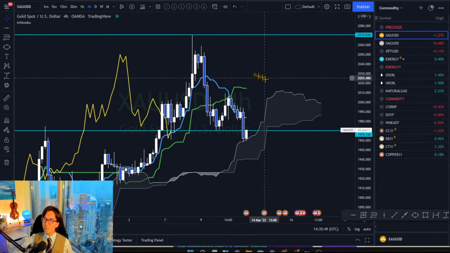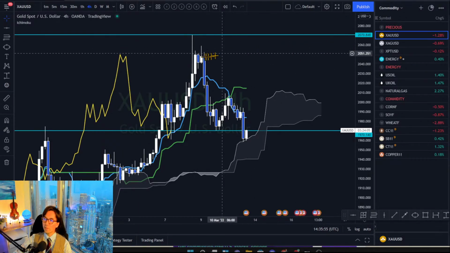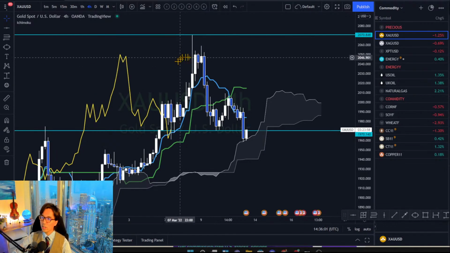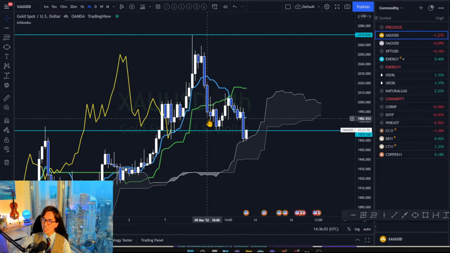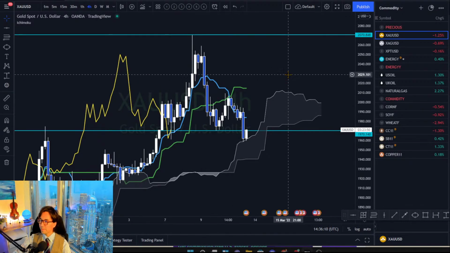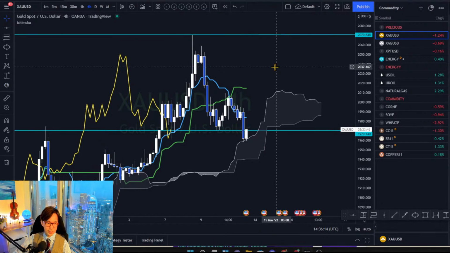I was saying that if the market breaks the resistance level 2070.84, then I will be looking for the buy. But looks like it didn't happen. It just retraced all the way back, broke Tenkan-sen, Kijun-sen, and Tenkan-sen, Kijun-sen dead cross. So not a good time to buy anymore. So I would prefer to stay away from this one.